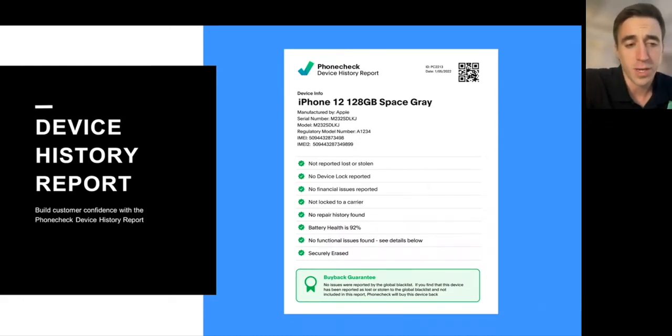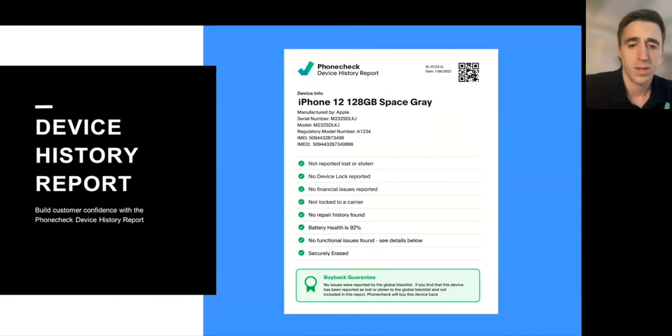This device history report is generated. So this ties each device to a unique, easy to understand, consumer-friendly certification. It even has a QR code that can be scanned by the customer, either digitally or when the paper's printed, to verify the results of that certification through our website, and just bring some additional third-party trust to the process when buying or selling.